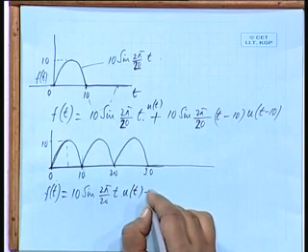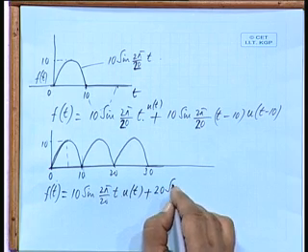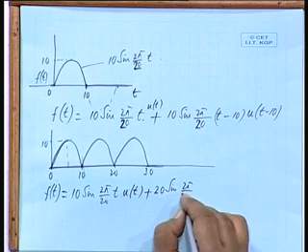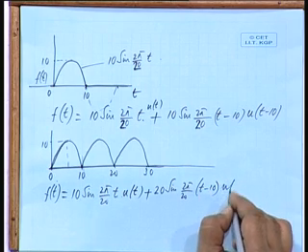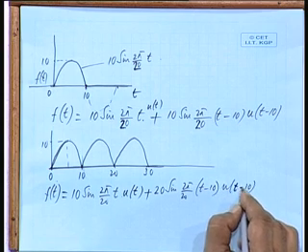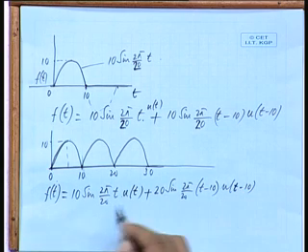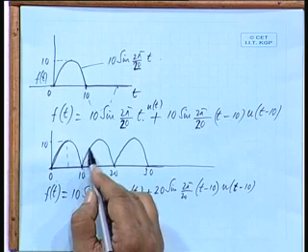Plus 20 sine 2 pi by 20 t minus 10 u t minus 10. What does it give me? If I add plus 20, then it will be this one.